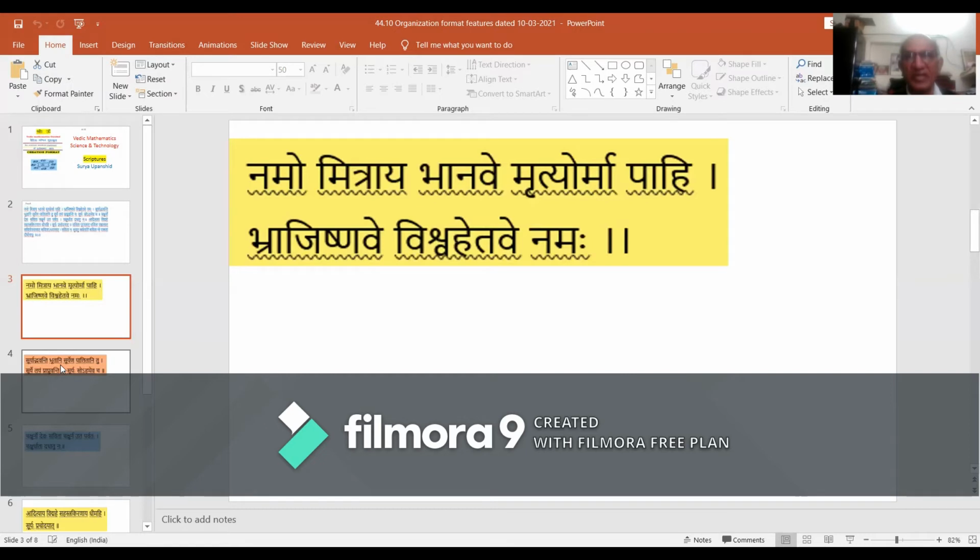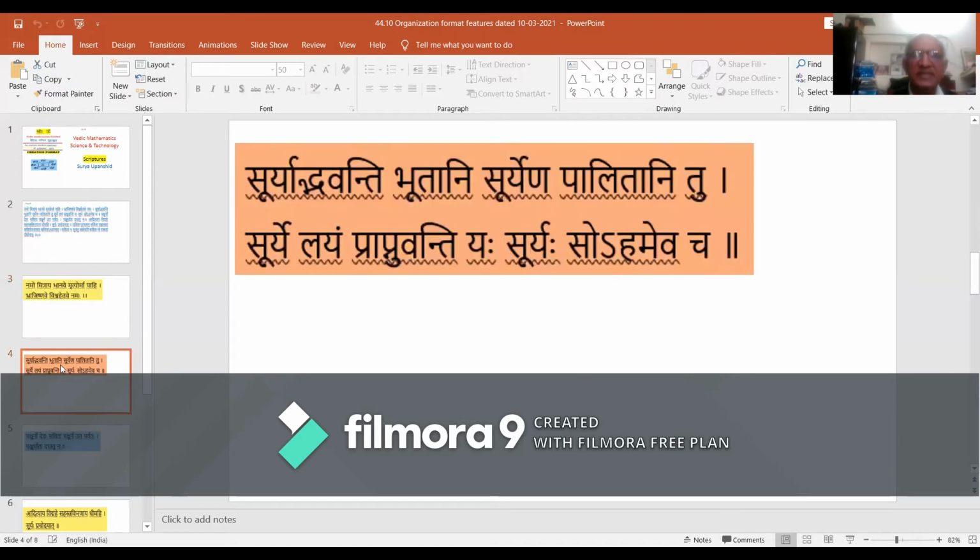Therefore, one shall sit comfortably and one shall visit the values of this pair of sentences as the first phase of knowledge and its organization of this sixth paragraph of the Surya Upanishad.